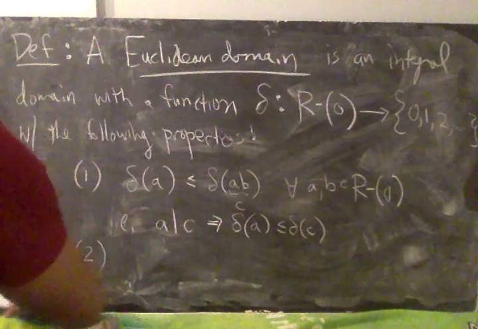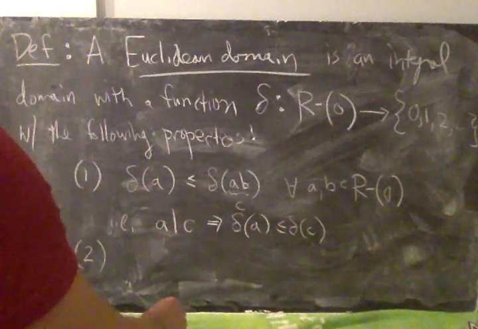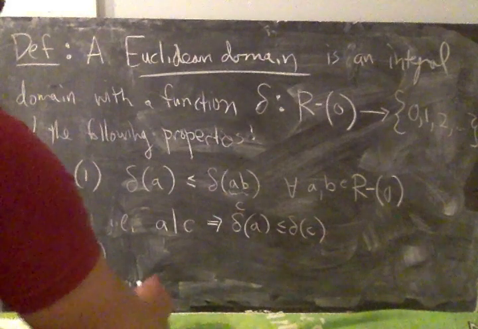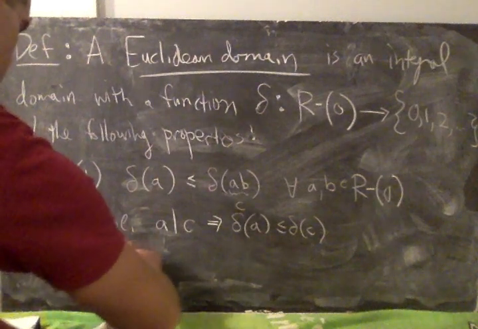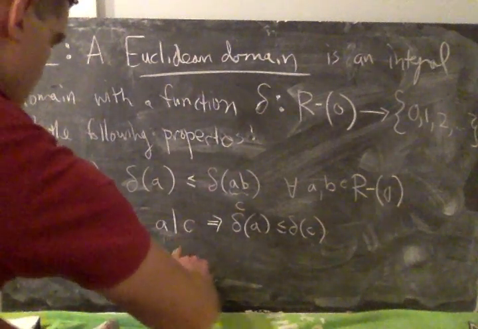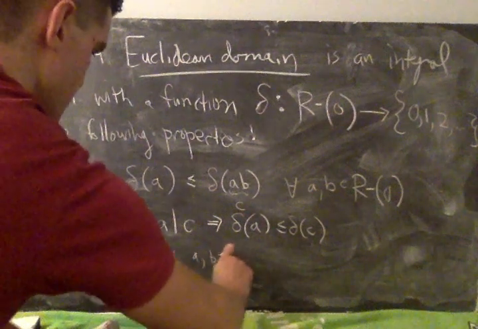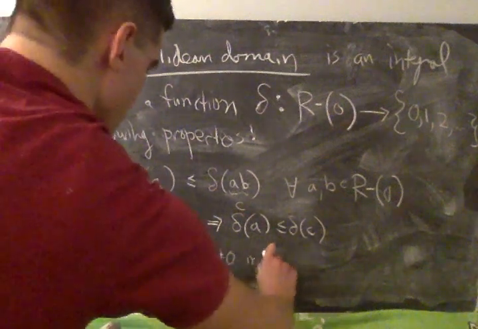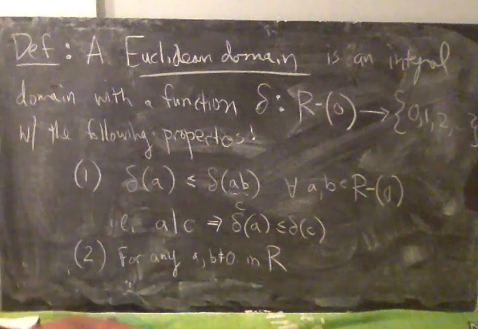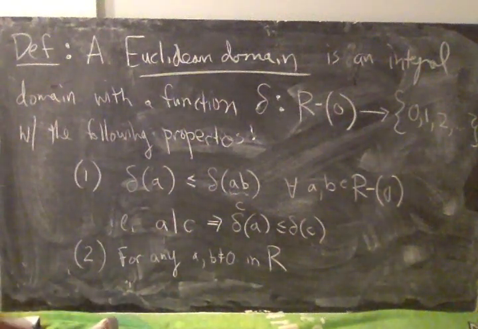So that's what we come to now. We assume that this function delta has the following property for any A and B not 0 in R. I'm going to consider dividing A by B.